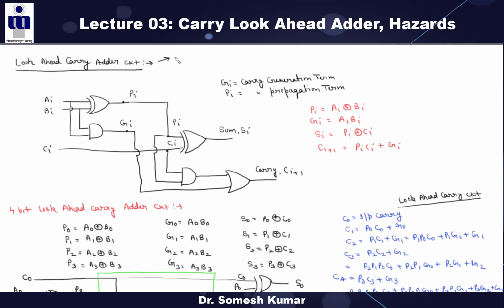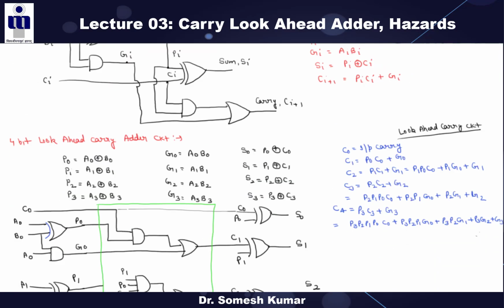By using that circuit, we get all the carries first, in parallel. So in this adder circuit, when the number of bits is increased, it will not affect the speed of the operation, right? Here we are discussing the 4-bit look ahead carry adder circuit.